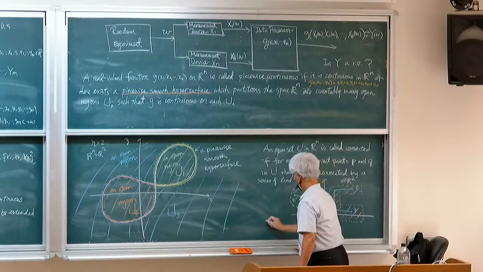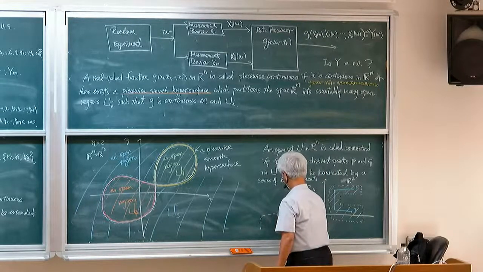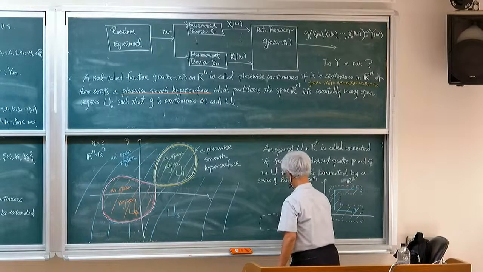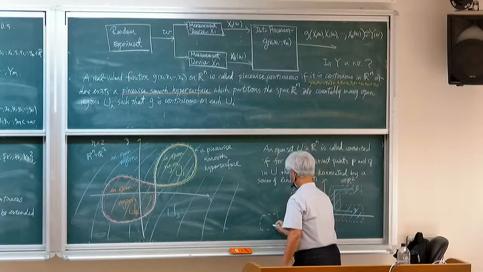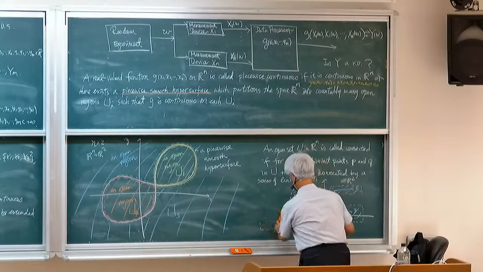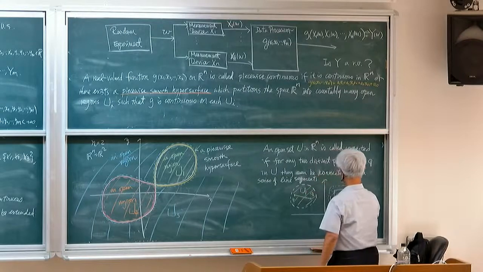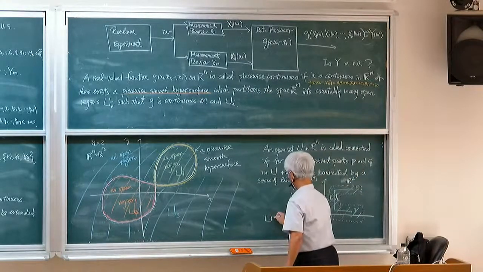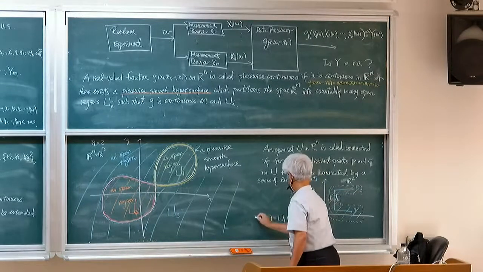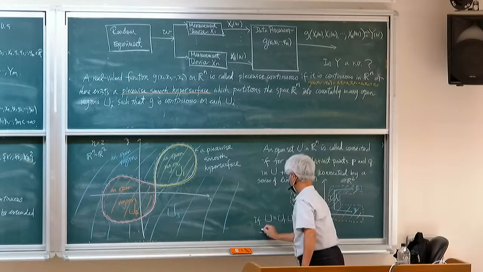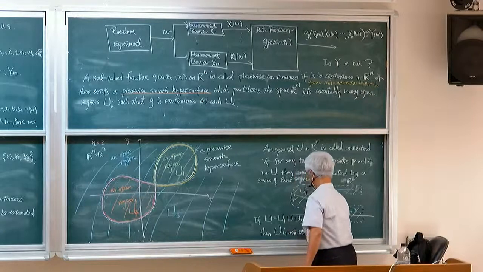Right, so this is U1, this is U2. But if U is equal to U1 union U3, then U is not connected.